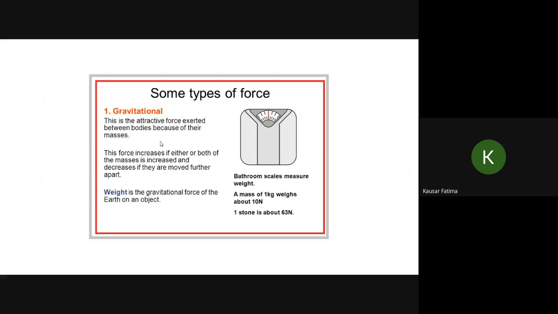All masses attract each other, but in this video, we will talk about the gravitational force which is caused by Earth. If the mass is greater, the force will also be greater. So weight is the gravitational force of the Earth on an object.